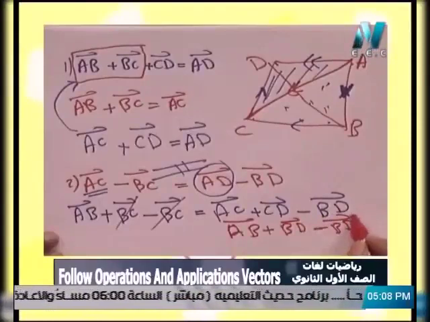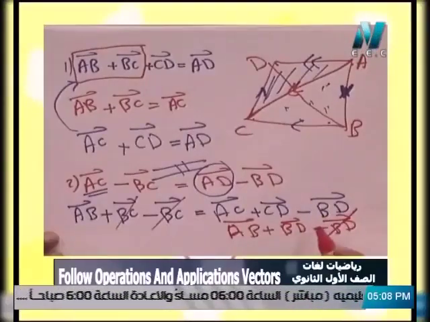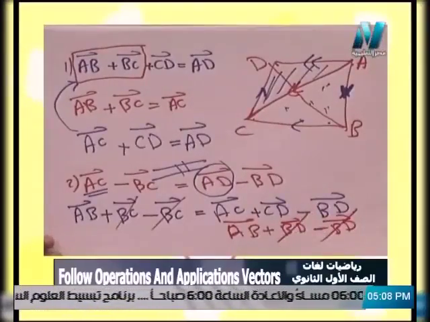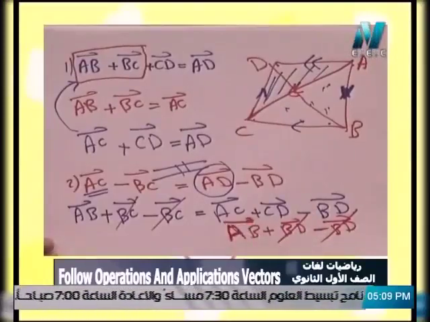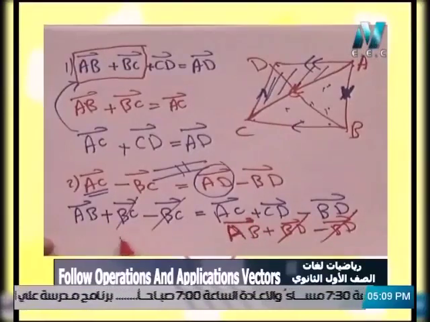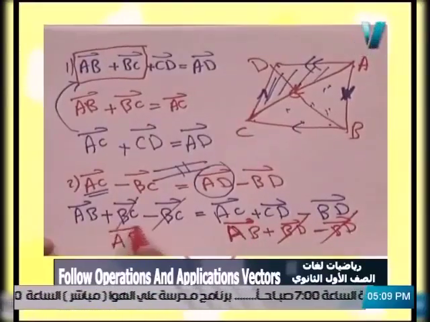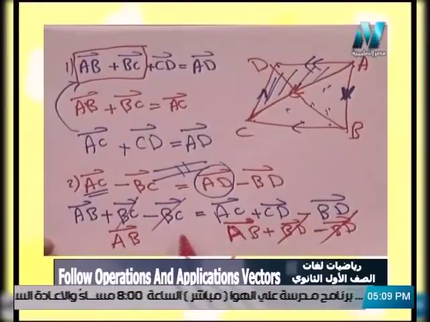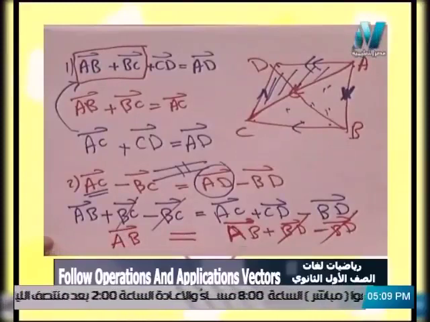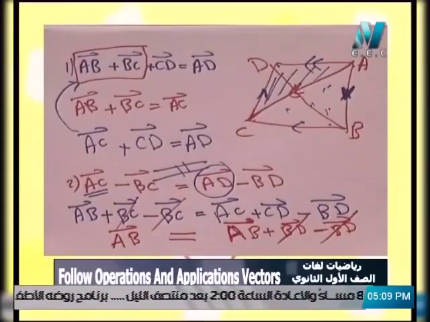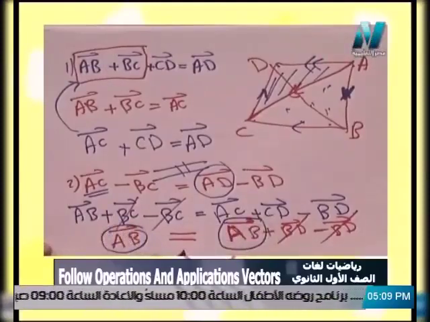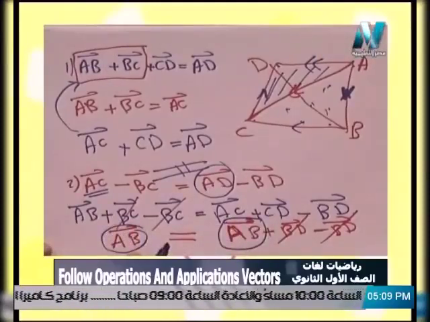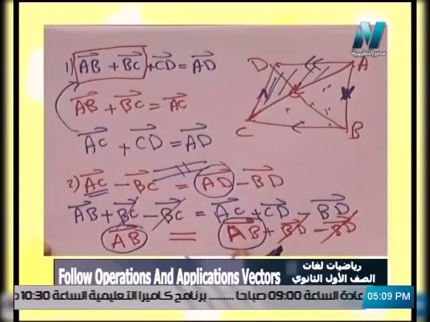So we can cancel the vector BD with the vector BD, and the answer will be only the vector AB. We have only the vector AB on the left side, and we have the same vector on the right side. So we have proved that the left hand side equals the right hand side.